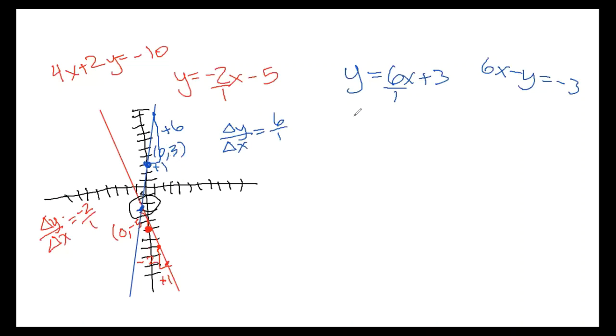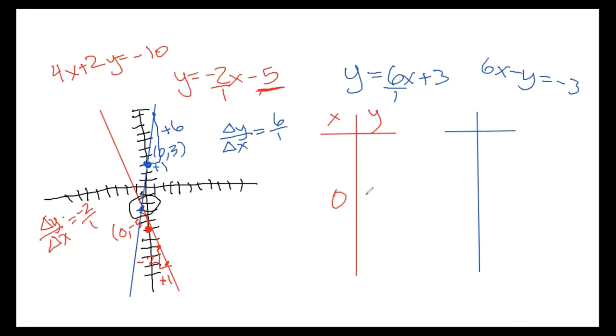Now we're going to move on to the table. Our y-intercept is -5, so I'm going to start at 0, -5.